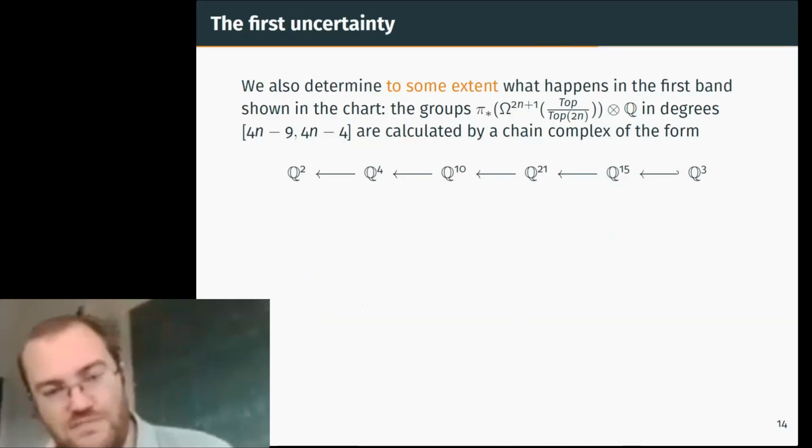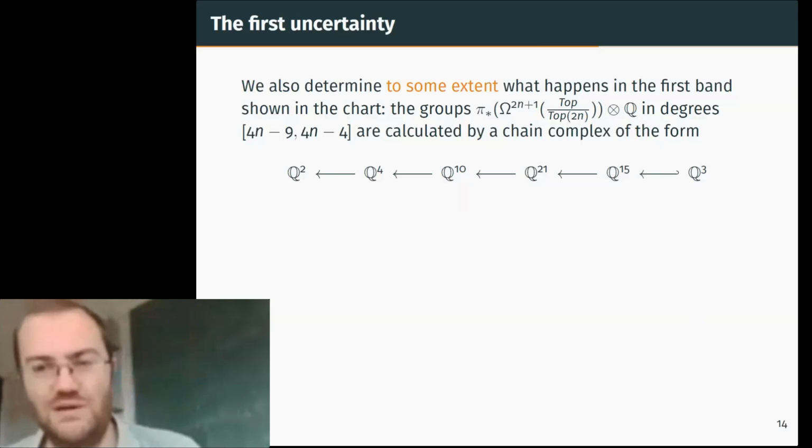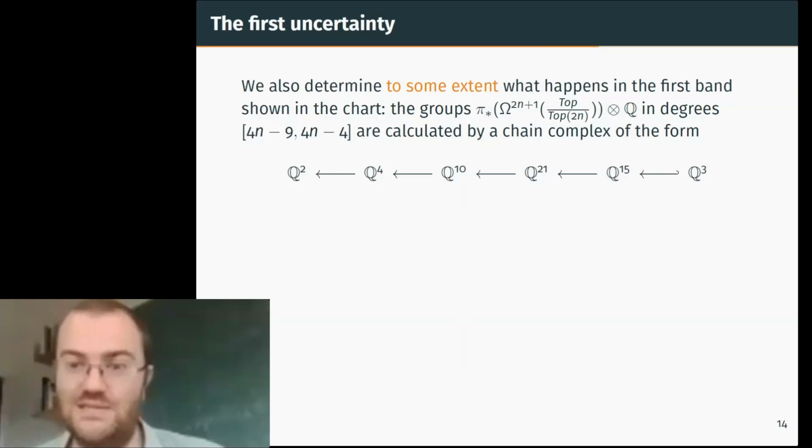But unfortunately, the method we use for this, we can calculate the dimensions of these groups, but we can't determine the differential. We've really computed dimensions of groups, not a basis, because each of these is an isomorphism class of a vector space, not a vector space.